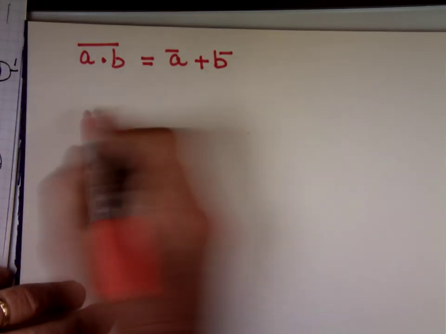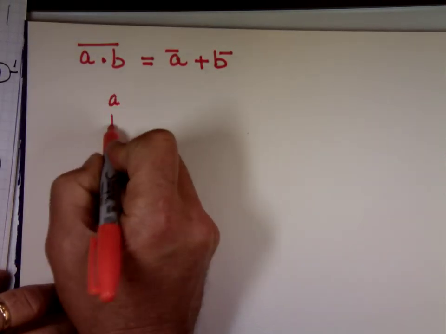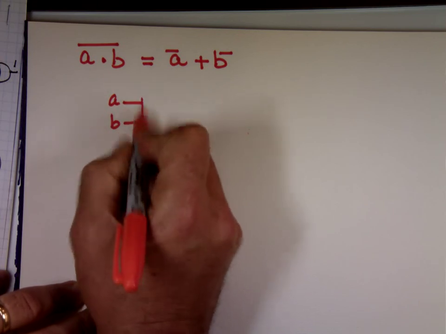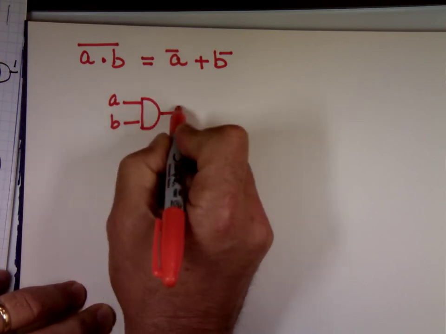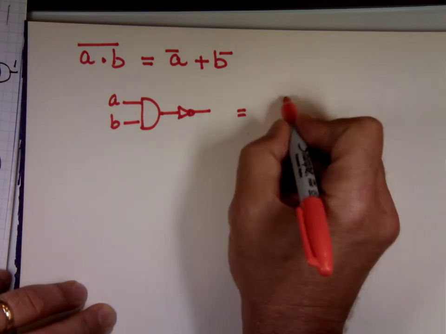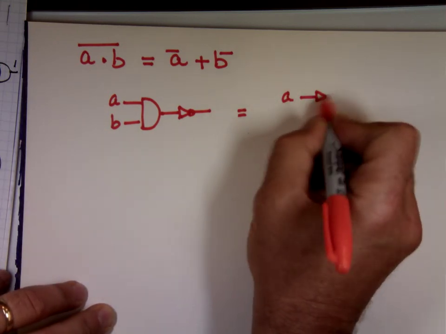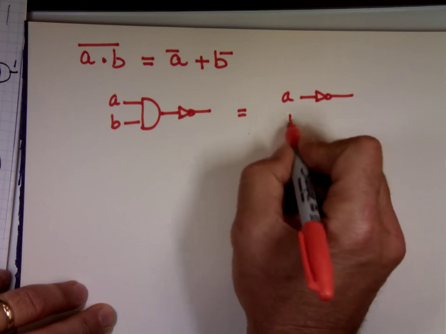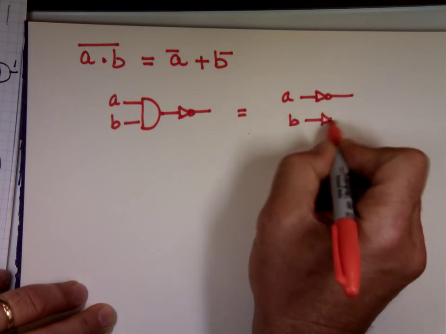Again, let's look at that. That's an AND gate, and put a NOT at the end of it. That's equal to an OR gate with both inputs complemented.